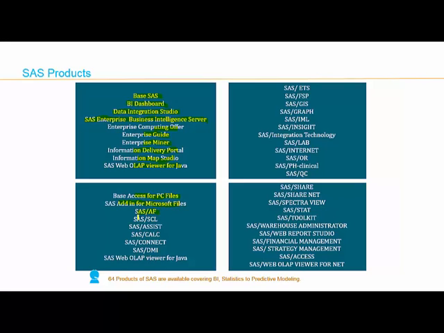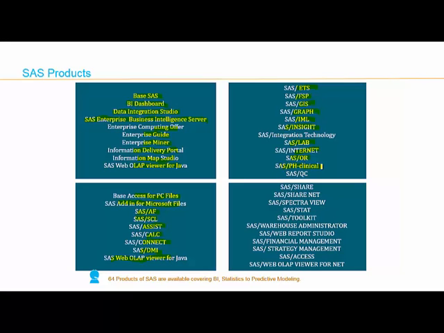Similarly, SAS has various tools such as AF, SCL, and Assist. If you want to connect SAS to different VMs or different applications, all these tools can be used. We have ETS, which is econometrics and time series, FSP, GIS, and SAS/GRAPH to build beautiful and dynamic graphs. When you want to generate certain insight, we can use the Insight tool. If you want to do operations research jobs, SAS/OR is used.